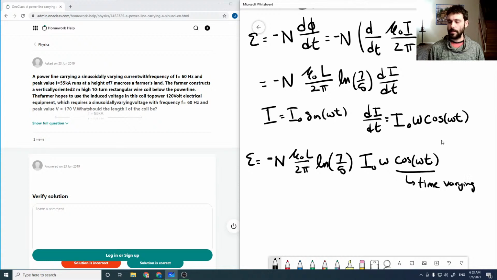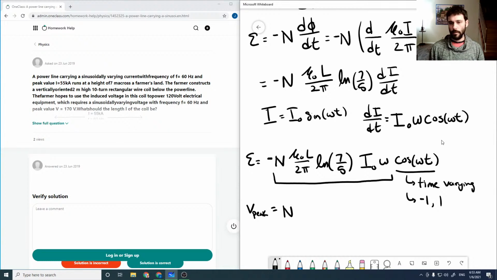So that makes it 60 hertz, but it goes between -1 and 1, and so honestly the only way we're going to get a max or a peak value is when this is equal to 1 or -1. And so our peak voltage is just going to be the rest of this, right?